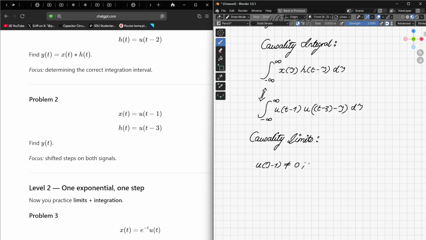So it does not equal 0 when tau is, it will usually be tau is greater than or equal to 0. But here it's minus 1. So tau minus 1.